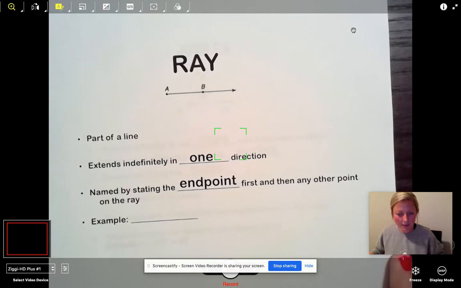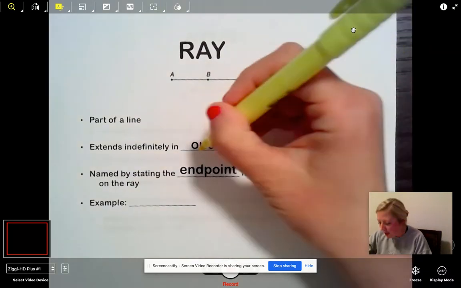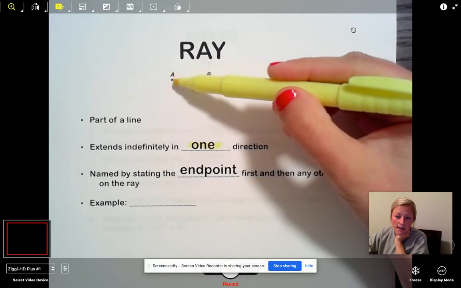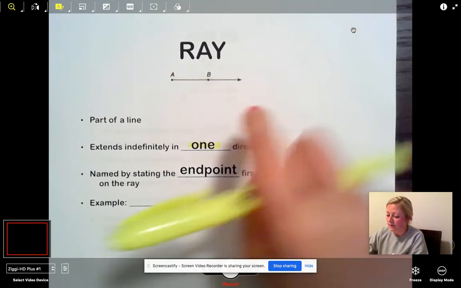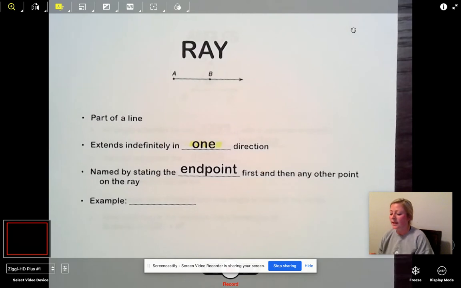Here we go. We've talked about this before already, but here it is formally in our notes. A ray is a part of a line. It extends indefinitely in one direction. That is the reason why it has one endpoint and one arrowhead, because it goes on forever in this direction. It's named by stating the endpoint first, followed by any other point on that ray.